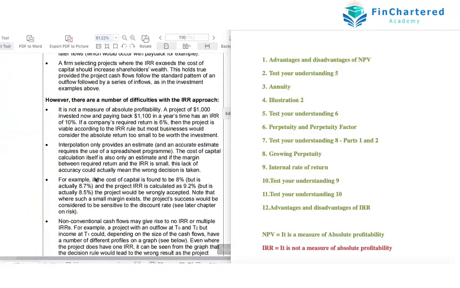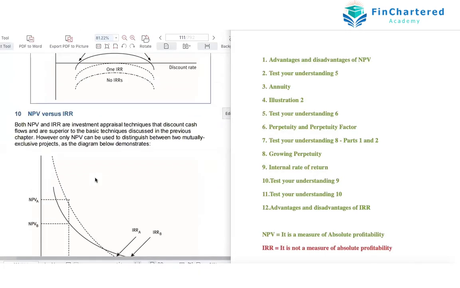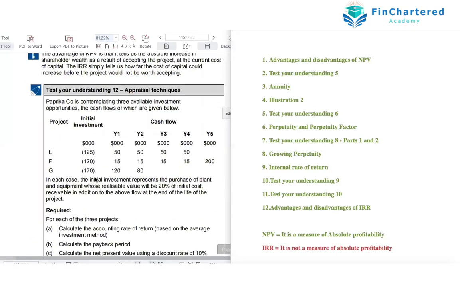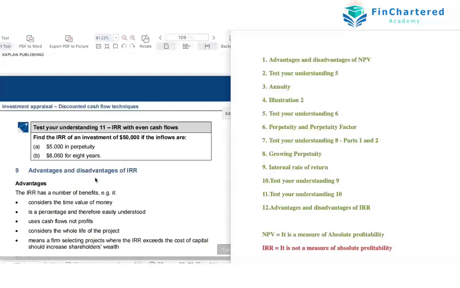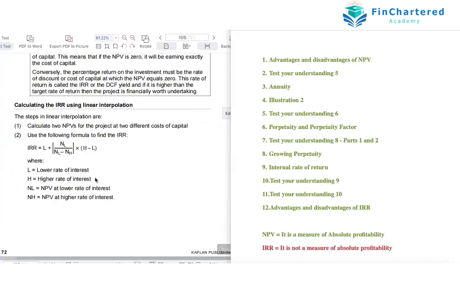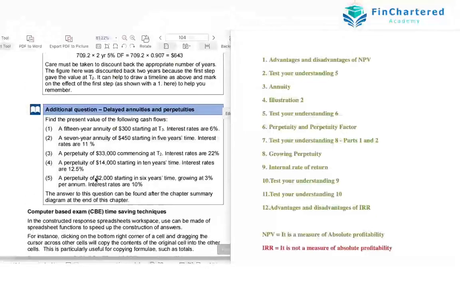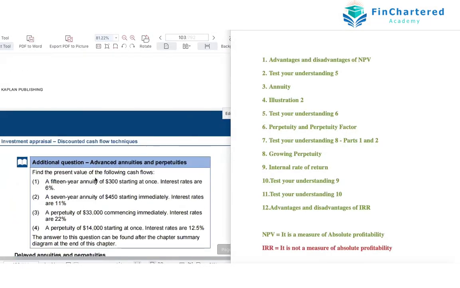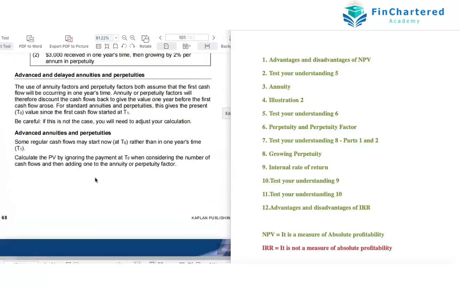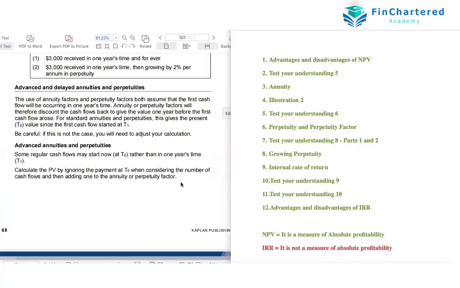Technically, talking about two IRRs and all that, I don't normally believe in it. Before we look at things like delayed annuities, delayed perpetuities, advanced annuities, before we dig deeper into something, we need to know the outside of it. Once you know the outside of it, it makes sense to dig deeper.